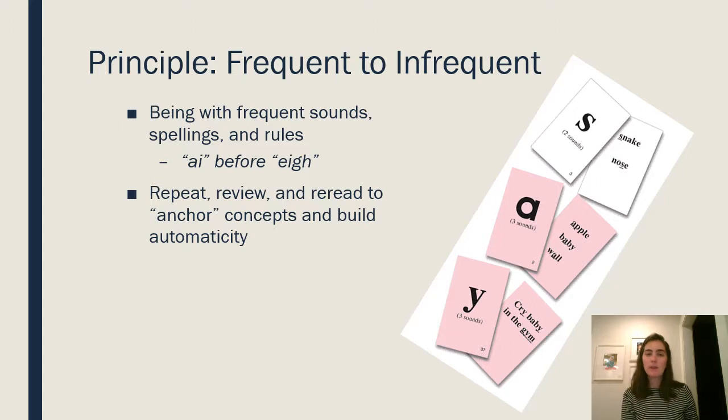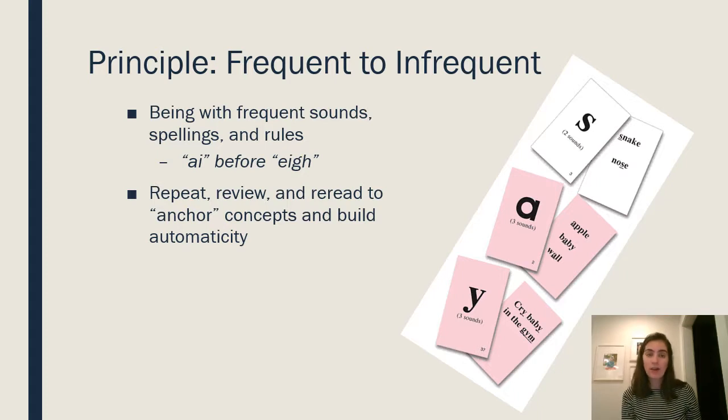So we want to get the most bang for our buck and teach the most frequent and dependable things first. We want our students to buy into this idea that English is predictable and there's a code. It just happens it's a very, very complex code, but if we show them the more frequent spellings and rules, then hopefully they'll buy into it and depend on the system.